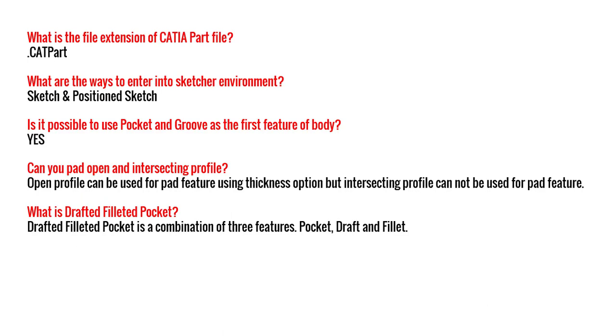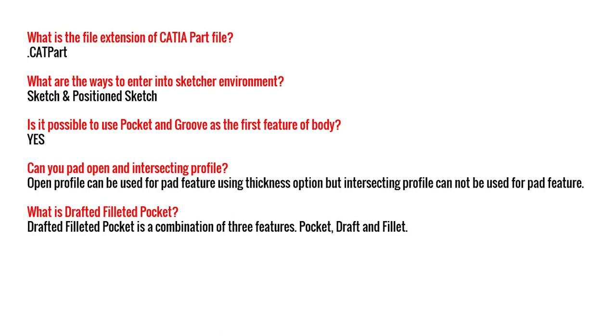When you are going for further modification, you can separately control the pocket feature, the draft feature, and the fillet feature. But when you are applying it, it is a combination, a single feature. So this is your drafted filleted pocket.